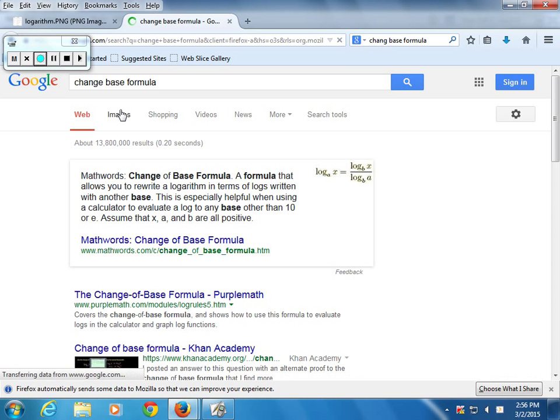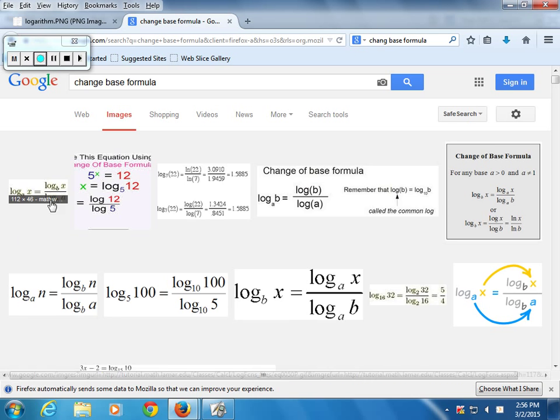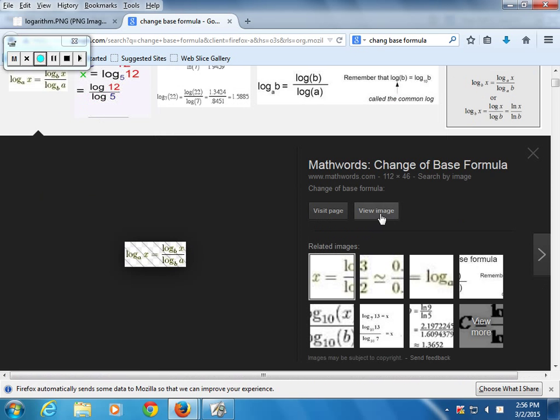Let's see if I can find a good one. There it is. I guess I got a small one there. Okay? If you have log base 2 of 5, then that's going to be log of 5 over the log of 2.